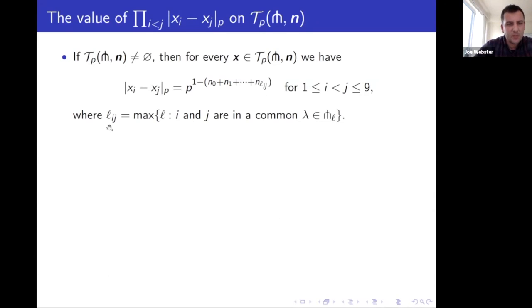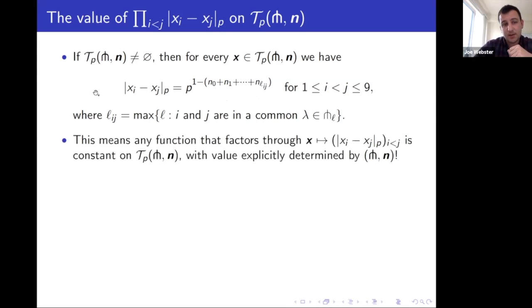There's a bit to unpack here. I don't want you to worry too much about the explicit form of this. What's really important is that it's completely determined by the pair and nothing else. So if you know this pair and you know that X belongs to that set, then you can compute this distance for all i less than j.